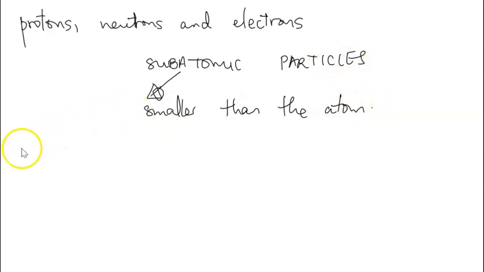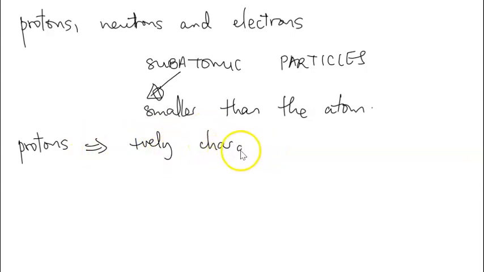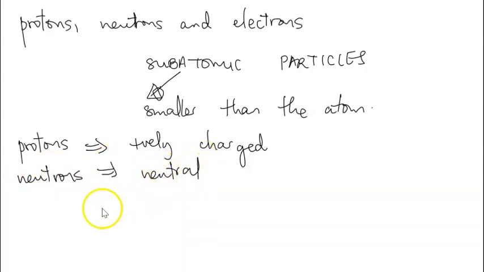Our protons are positively charged, our neutrons are neutral, so they don't have a charge, and our electrons are negatively charged.